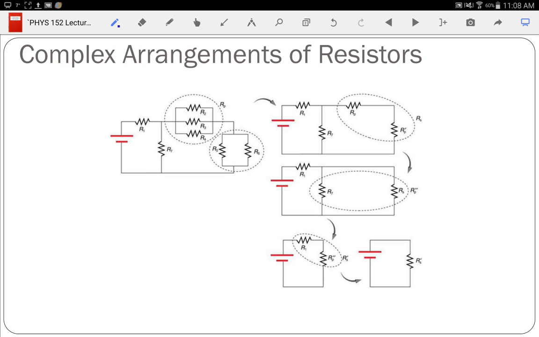And so to analyze this, you look for sets of resistors that are either in series or in parallel. And this is already analyzed for us, unfortunately. Some people might have said, I think that R2 is in series with R6. Why is that incorrect?